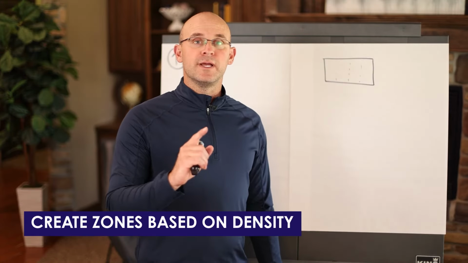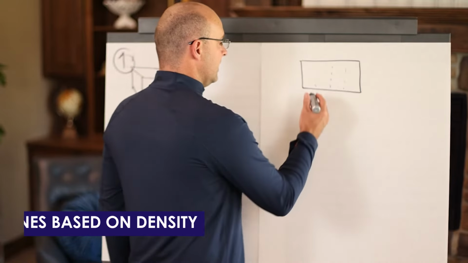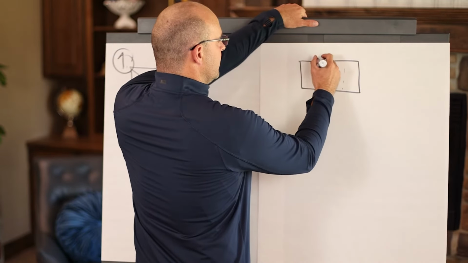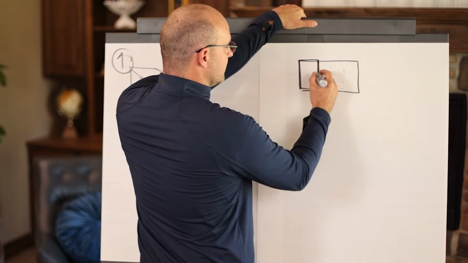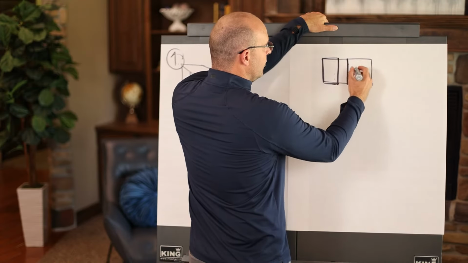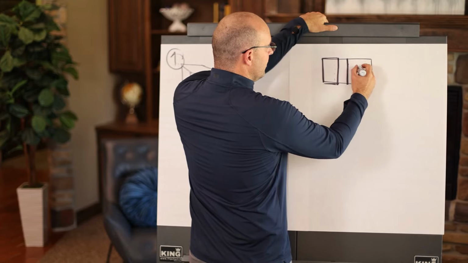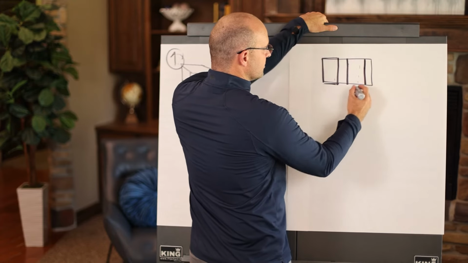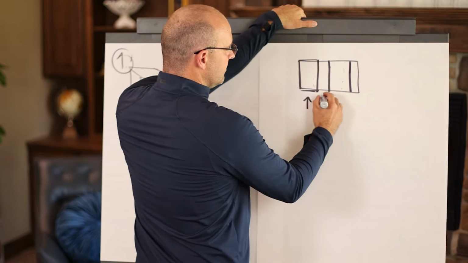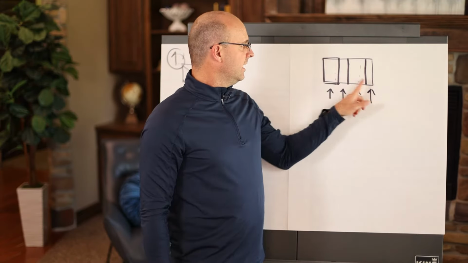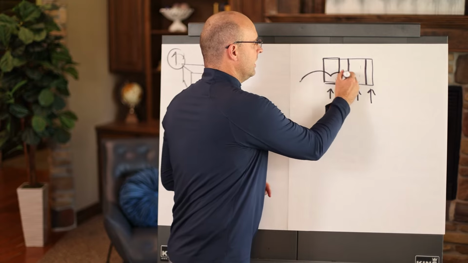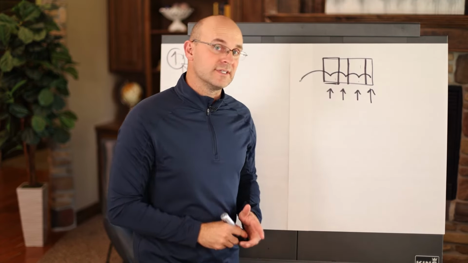You will create zones based on density, meaning that you will make zones based on the total sum of the work density of the zone, meaning that as you go through here, you may find yourself with a smaller zone. This one's larger, a little bit smaller, larger, this one's smaller. What that means is a trade can go through here and experience a similar amount of density.